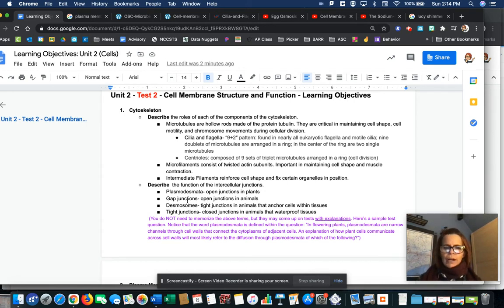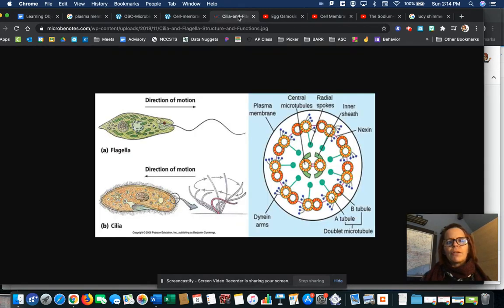One thing that I do recommend knowing, though, is the cilia and the flagella. Remember that cilia and flagella, let's see, I think I have an image of them here. Cilia and flagella are ways that different cells can move externally.